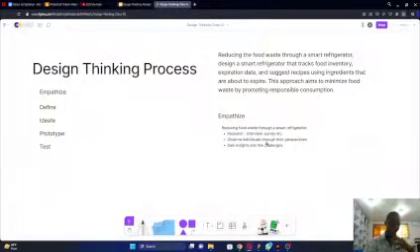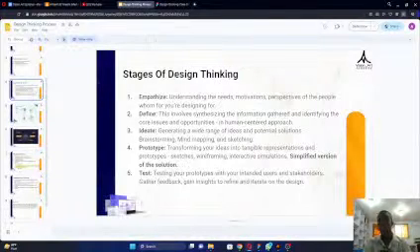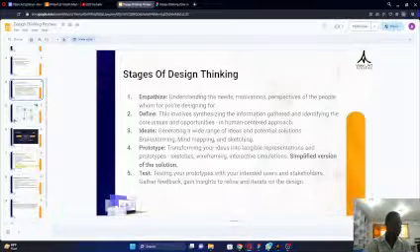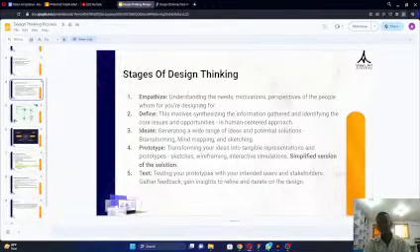These are the stages you need to try to come up with on the empathize stage. And like we said, it is a stage where you understand the needs. How you can get that done is by conducting research, right? And try to figure out their needs, motivations, and the issues they are facing based on their perspectives.